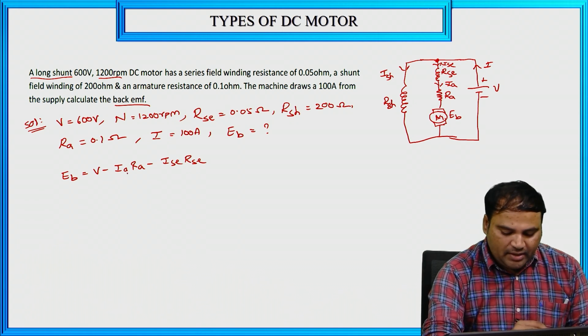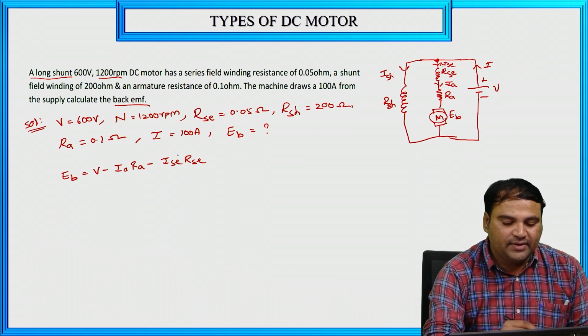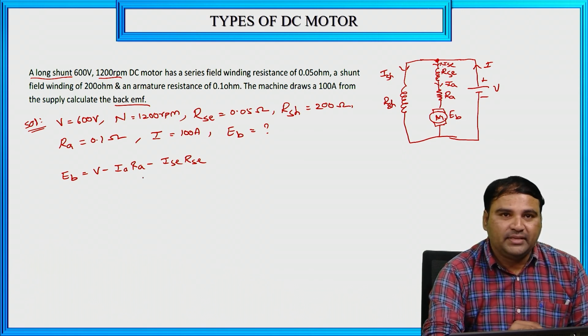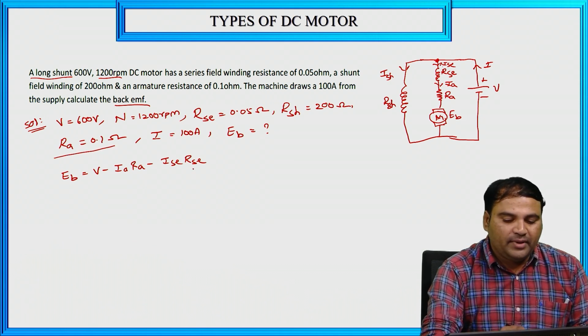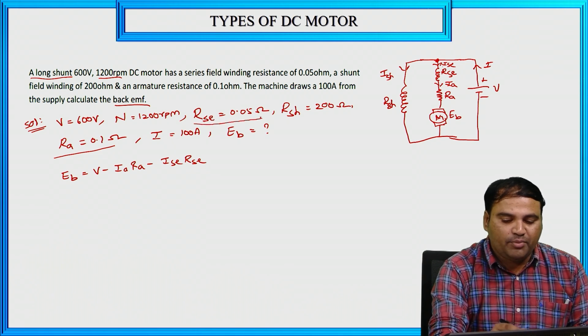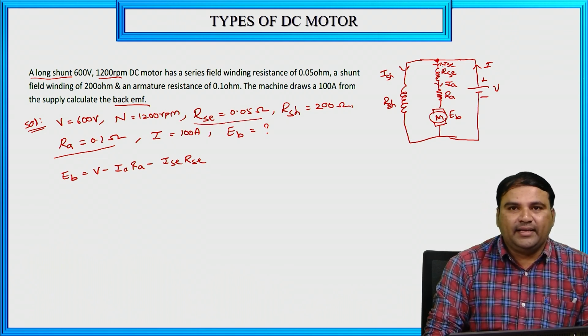Now we need to calculate the armature current IA and also the series field current ISC. But they are given the armature resistance and series field resistance: RA value is 0.1 ohm and RSC is 0.05 ohm. Now we need to calculate IA and ISC, right?